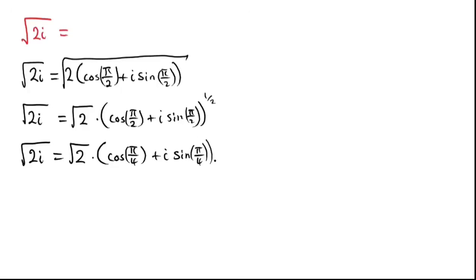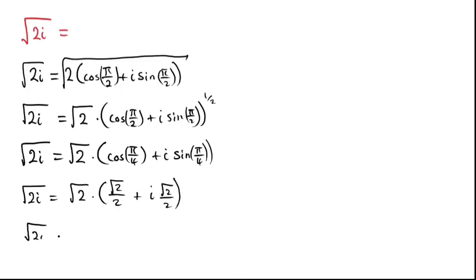Like this. Now, cos pi over 4 is root 2 over 2. So first of all, you can say root 2i is equal to root 2, cos pi over 4 is root 2 over 2, and sine pi over 4 is also root 2 over 2.